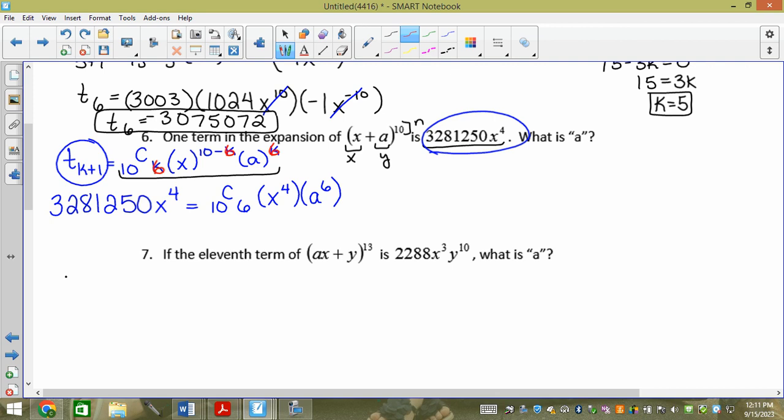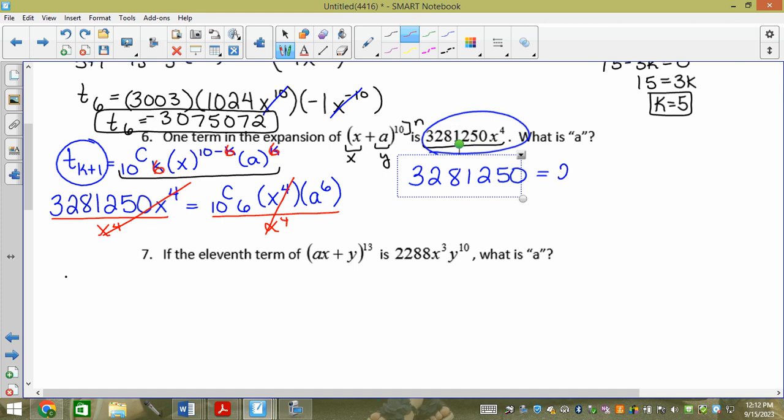Then we can divide an x to the 4 off both sides. And it goes completely away. So then we're left with 3,281,250 equals whatever 10C6 is. 210? Thank you. 210, a to the 6.